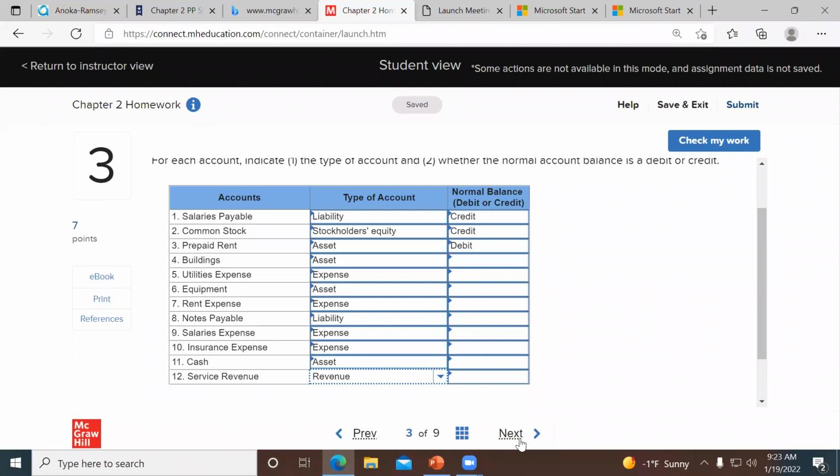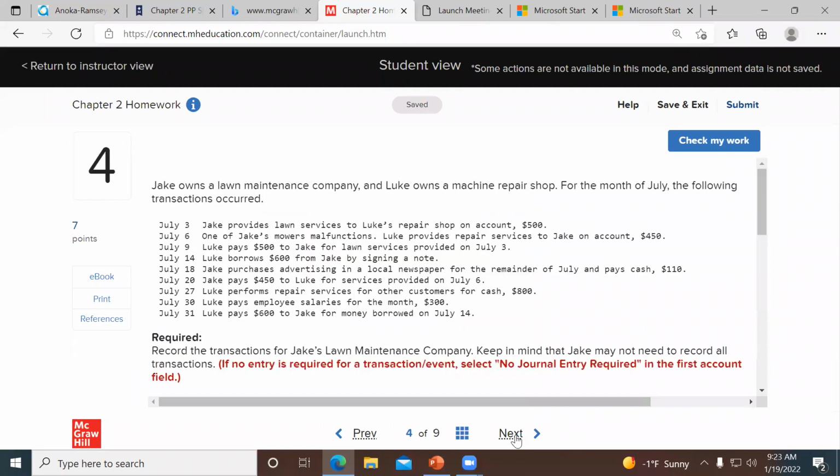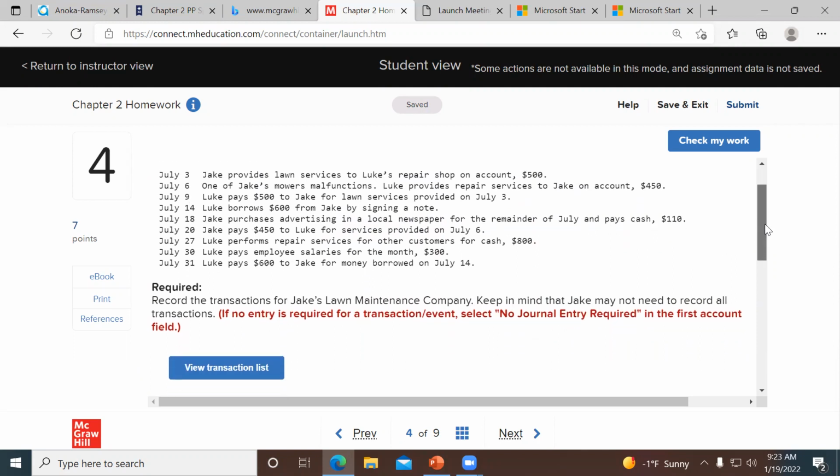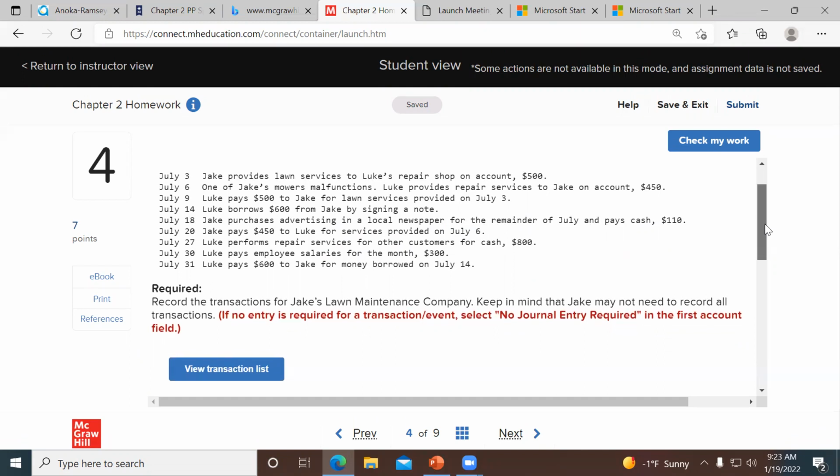Now, this one, I'm going to do this one, and then I'll show you the solutions for the one after this. Jake owns a lawn maintenance company, and Luke owns a machine repair shop. For the month of July, the following transactions occurred. Now, here's the key. Record those transactions for Jake's lawn maintenance company. So we are the accountants for Jake.